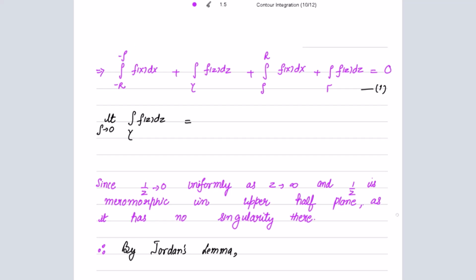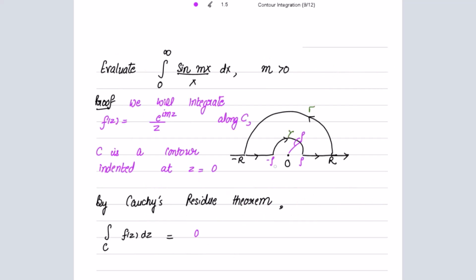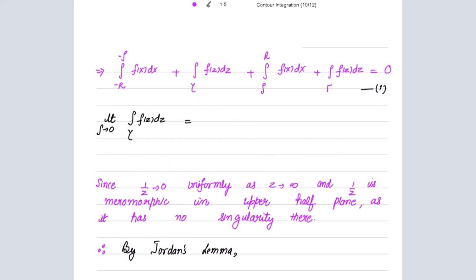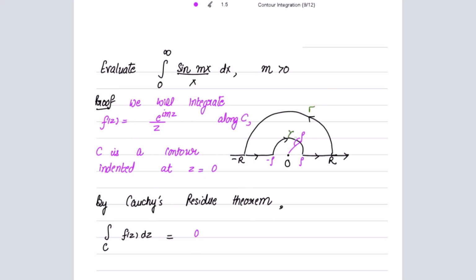Along the x-axis the function should be in terms of x, so I write f(x) dx, plus the integral along gamma of f(z) dz, because along the semicircle you write the function in terms of z.